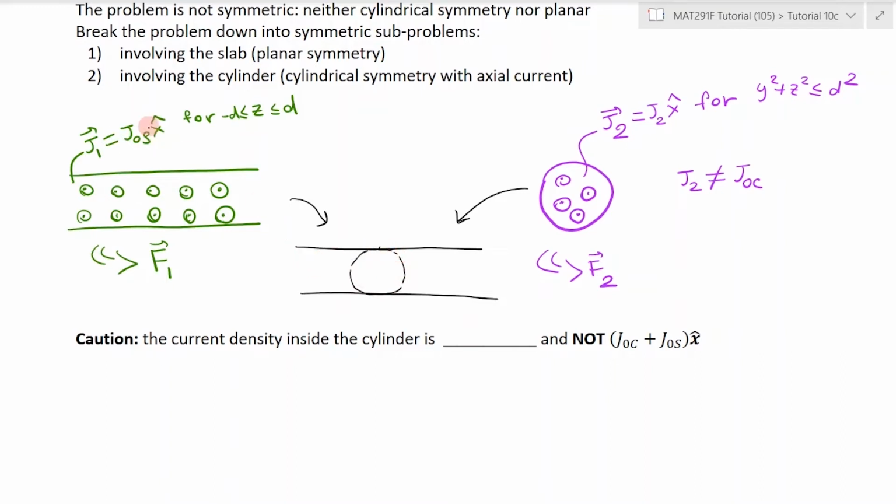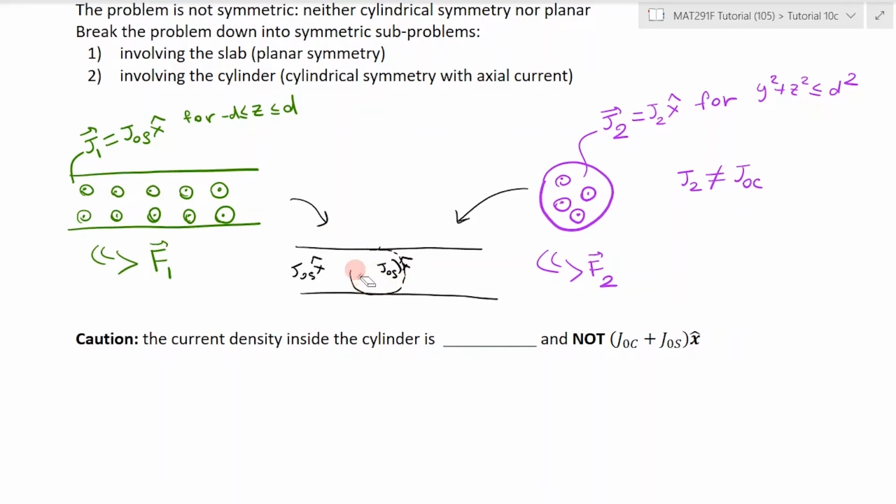Well, outside it's going to be correct, J naught S x hat, but then inside, if we choose this, we will get J naught C plus J naught S x hat, right? But that's not what we want. We want J naught C x hat, right?